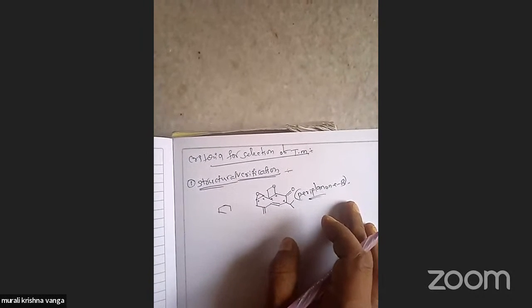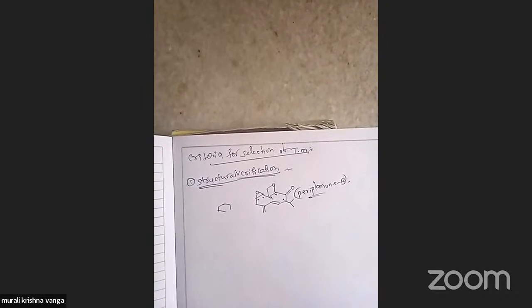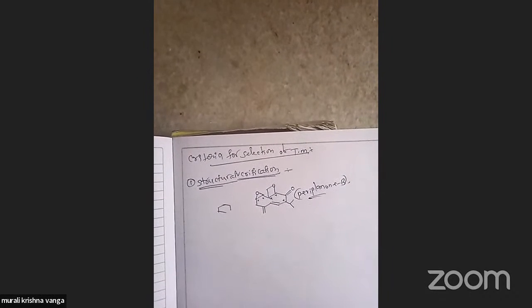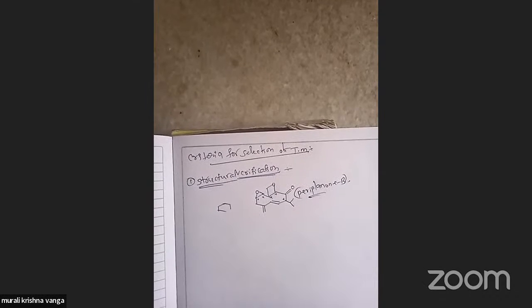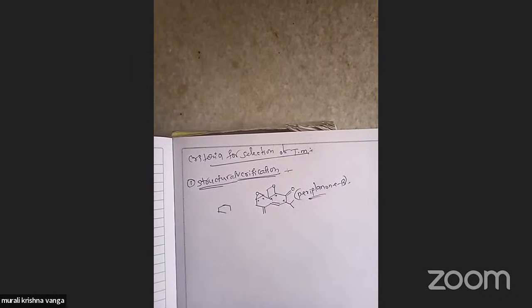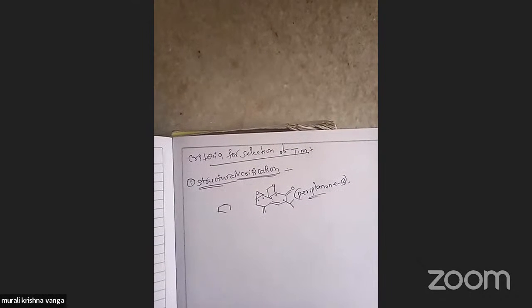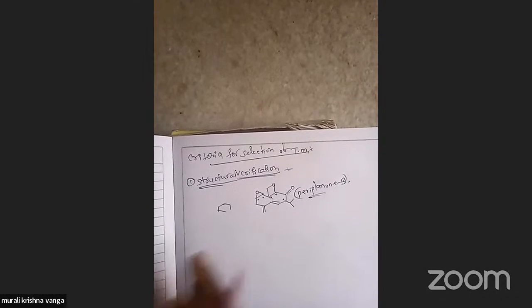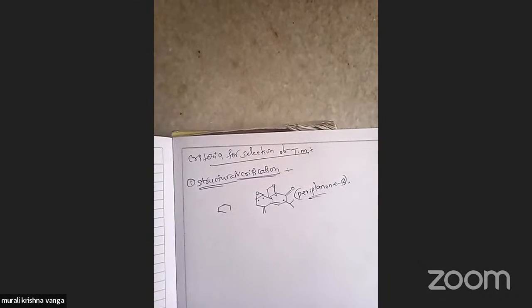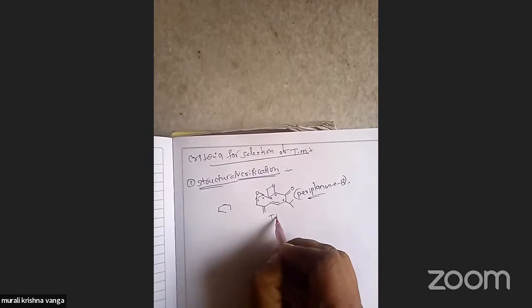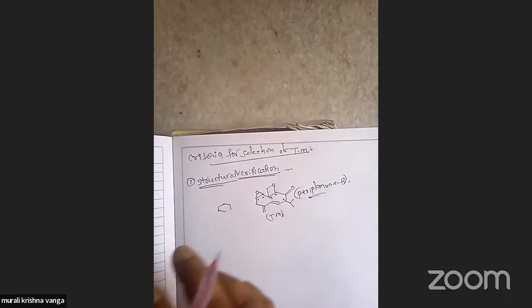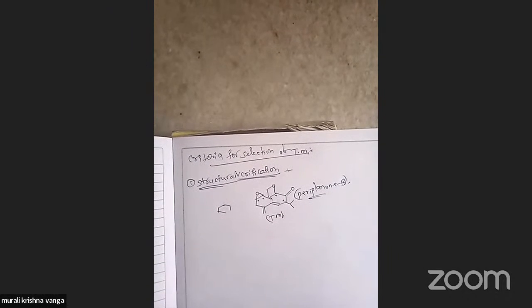To develop the complete structure, a large quantity of the compound is needed, but the cockroach releases very little of the hormone. Therefore, we synthesize this molecule in the laboratory and develop the complete structure. Therefore, this molecule is taken as a target molecule.